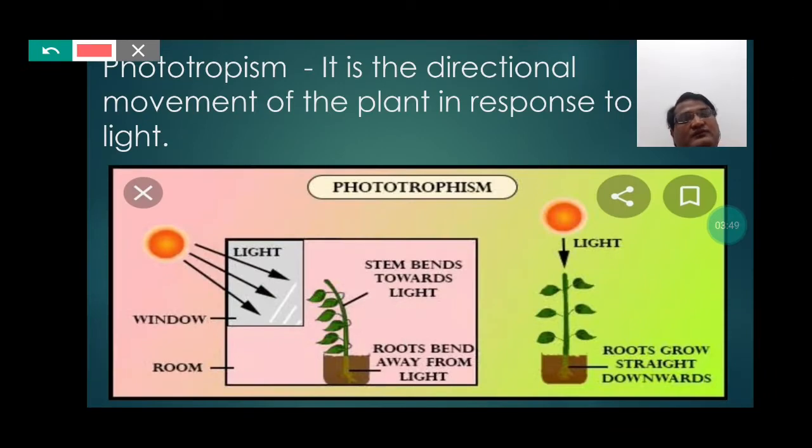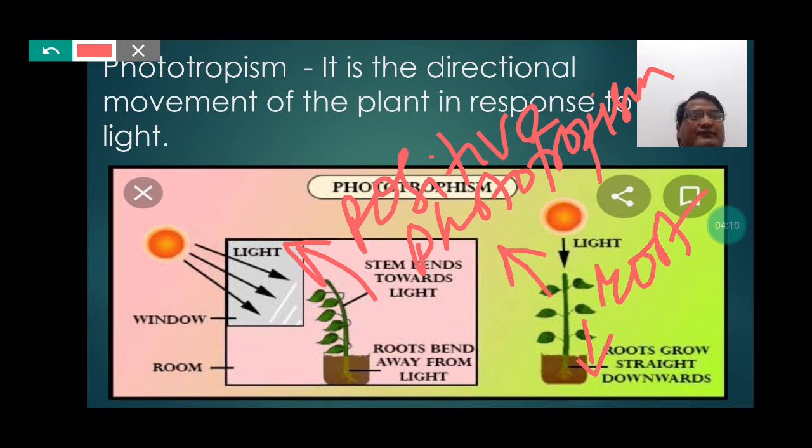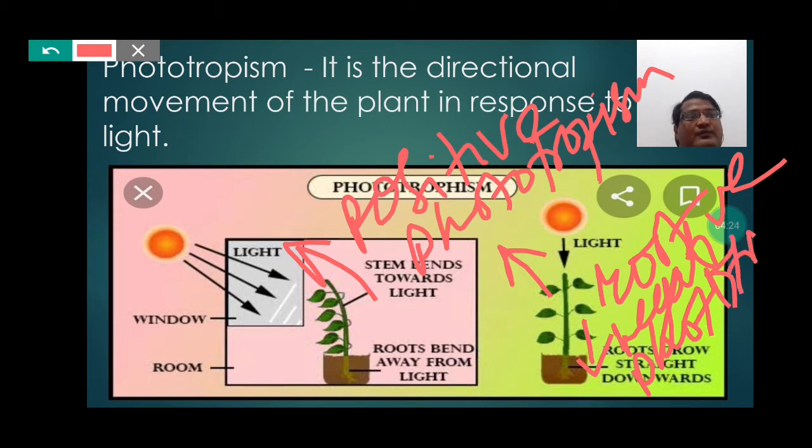The movement of the plant part, that is the stem, towards the light is called positive phototropism, whereas the plant part, that is the root, which grows away from the light is called negative phototropism. Okay students.